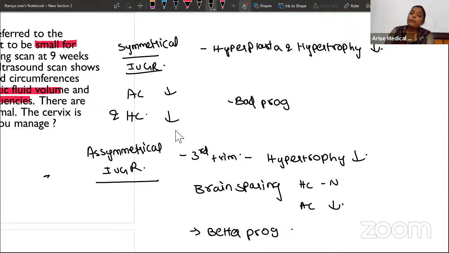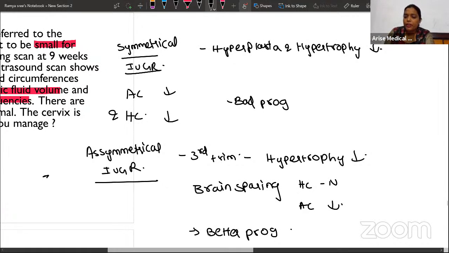And how do we come to know that we are dealing with IUGR? By symphysiofundal height, where you will see a decrease in the fundal height. Apart from that, by AC and HC circumference, ratios of AC and HC, and by umbilical artery Doppler. Please remember, all these are very, very, very important points.